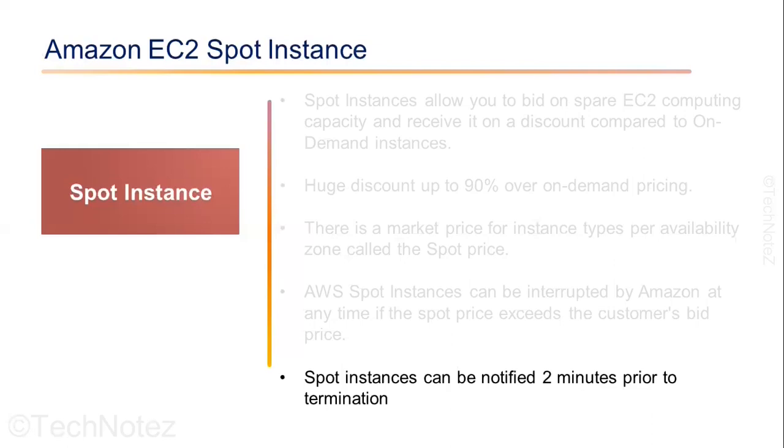If your bid price is higher than the current spot price, your instance will be allocated. During periods of high traffic, if the spot price exceeds your bid price, your instance may be terminated. However, you can set up the EC2 auto scaling group to automatically launch a new spot instance to replace the terminated one, ensuring that your website remains available to the users.